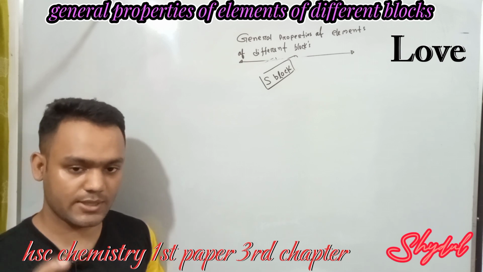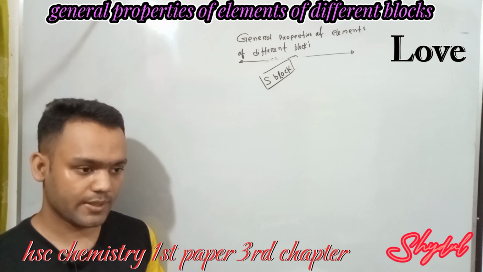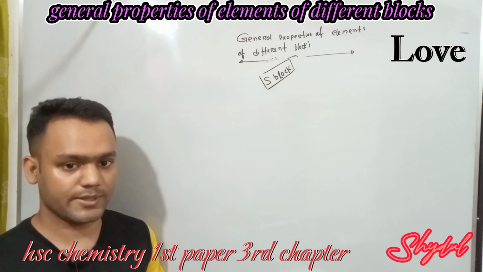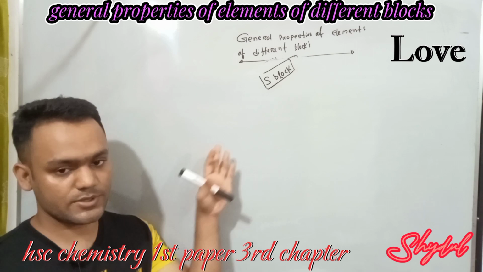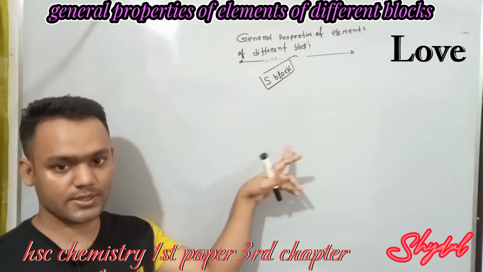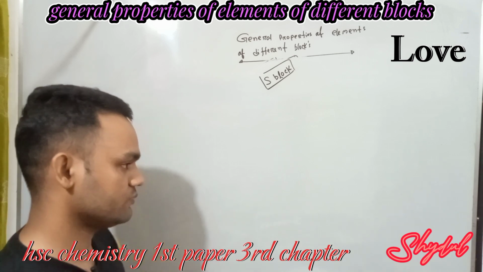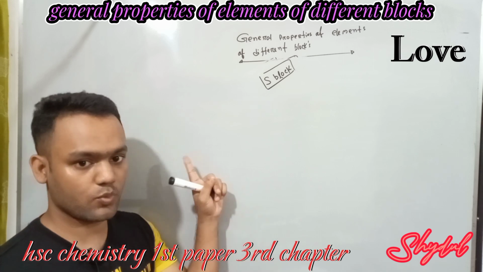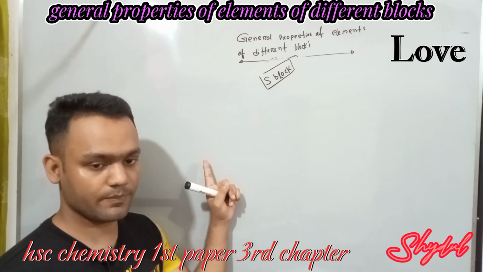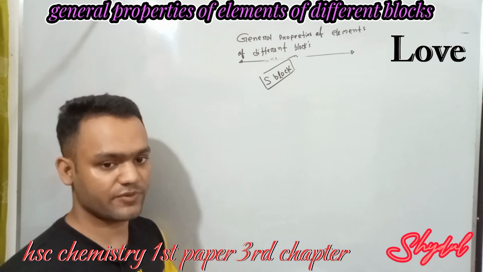Elements whose last electron enters the s orbital are called the s block elements. For example, the s block elements of group number 1: lithium, sodium, potassium, rubidium, cesium, francium.